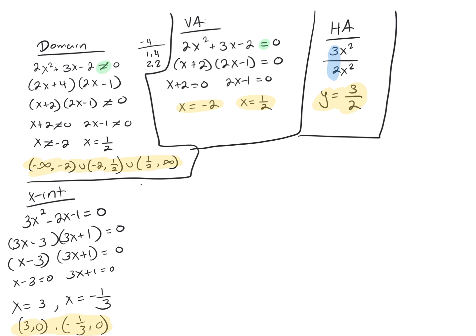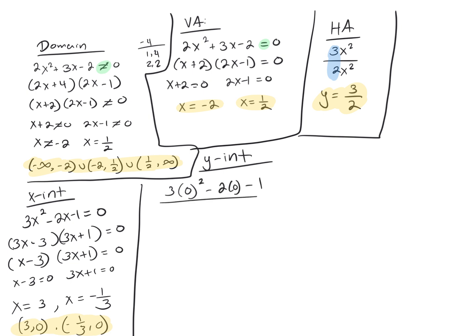So for the y-intercept, we're going to plug in 0 for all of the x's in the entire problem. So I'm going to go ahead and just plug in the numbers first. 3 times 0 squared minus 2 times 0 minus 1, over 2 times 0 squared plus 3 times 0 minus 2.